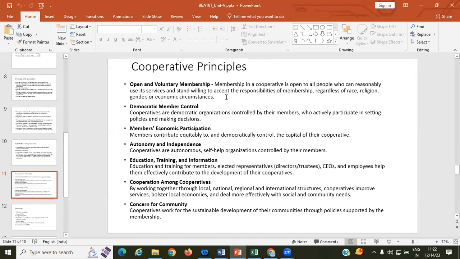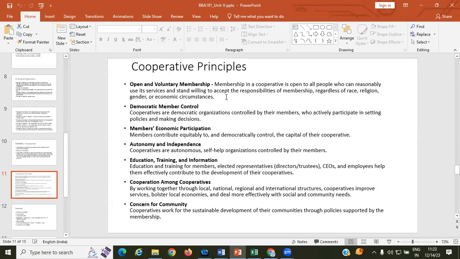First thing is voluntary membership, democratic control, and participation, autonomy, training. These are the different principles of the cooperative society.